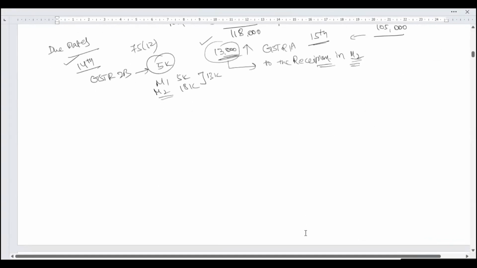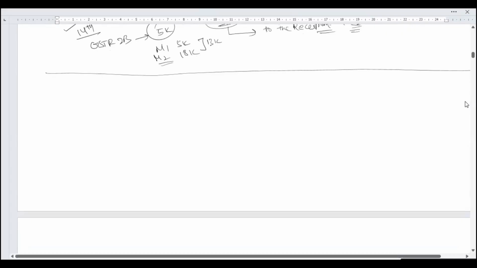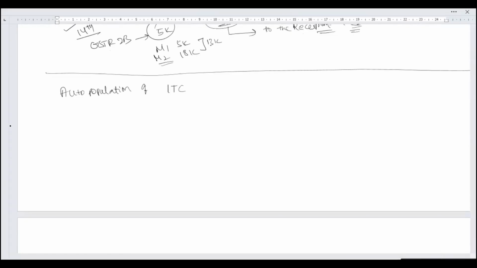Next, they brought in auto population of input tax credit. So they say, look, GSTR 2B.